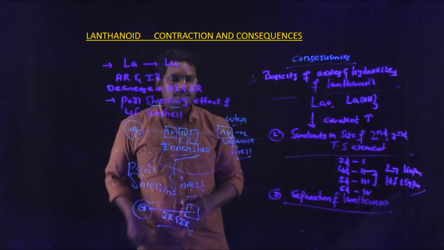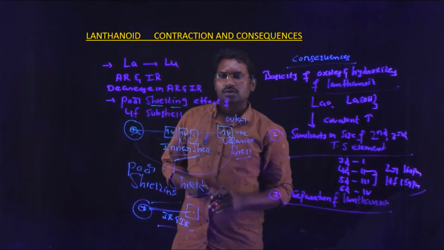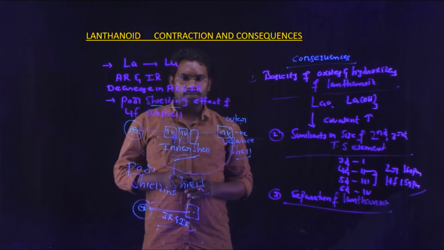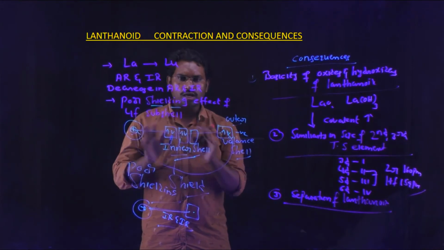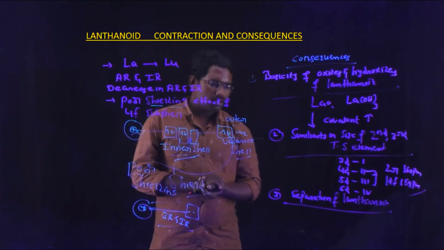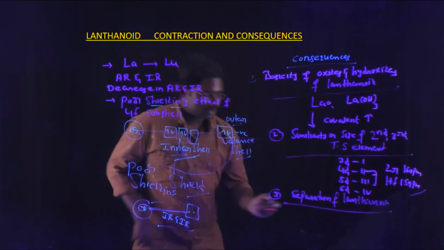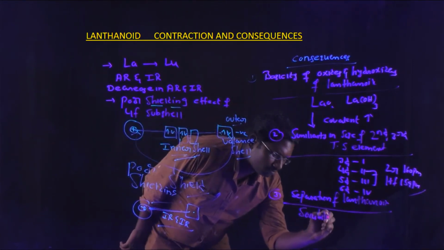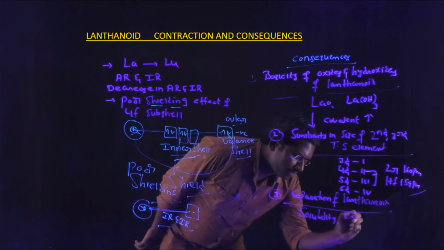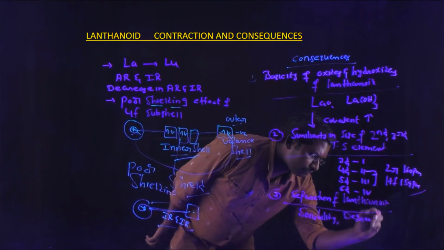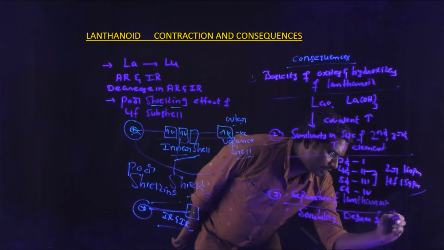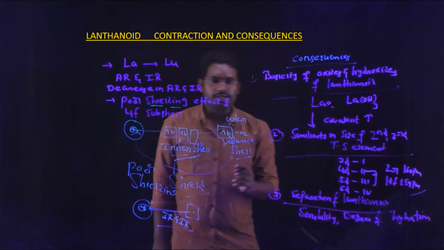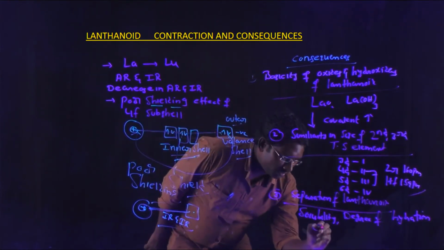So how does separation of the lanthanides take place? Due to the lanthanide contraction, it is very difficult to separate the lanthanide elements because all have nearly the same properties, but there is a difference in properties like solubility, degree of hydration, and complex formation.